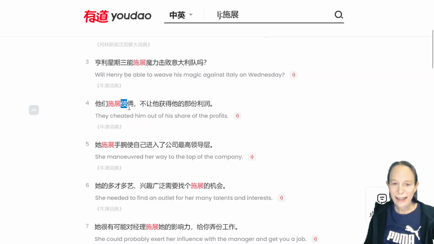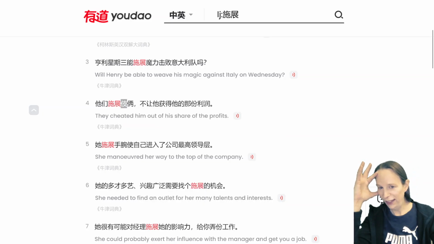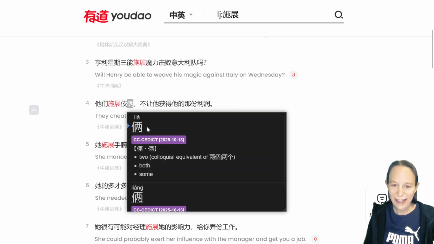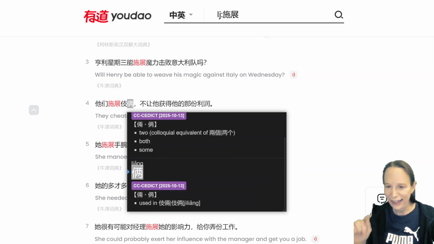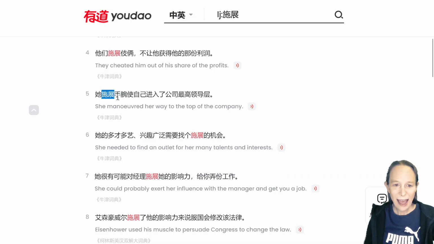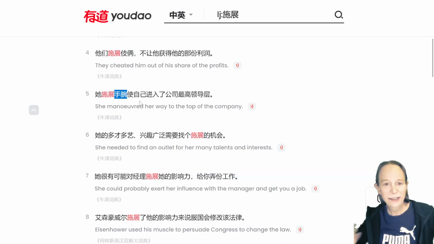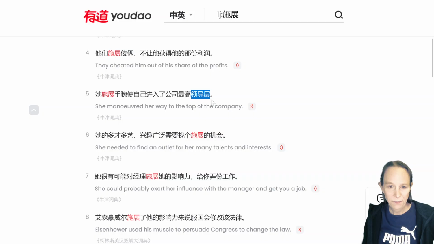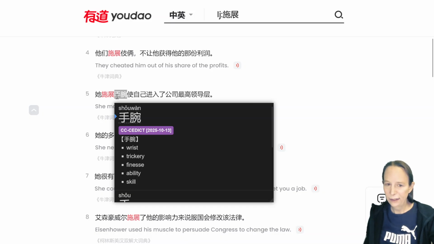Okay, yeah, this is a fairly rare word. It's come up in my study. It's pronounced liang in this specific word. Usually it's lia. 他施展手腕使自己进入了公司最高领导层。This feels like 手腕.